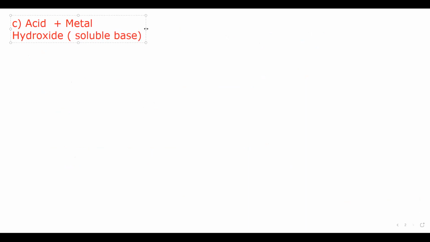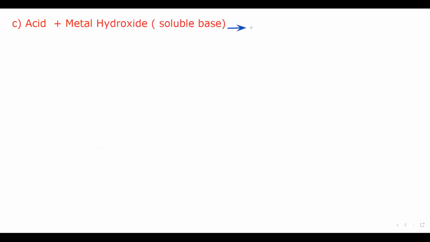So acid plus metal hydroxide, this will result in a formation of salt plus water. So acid plus metal hydroxide result in a formation of salt and water.